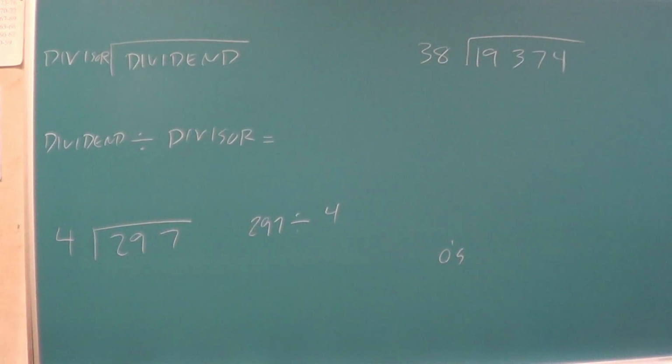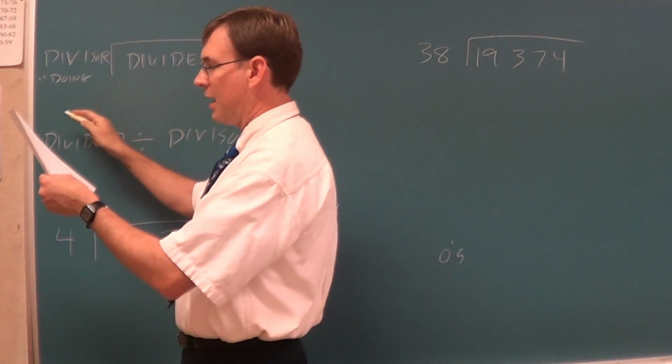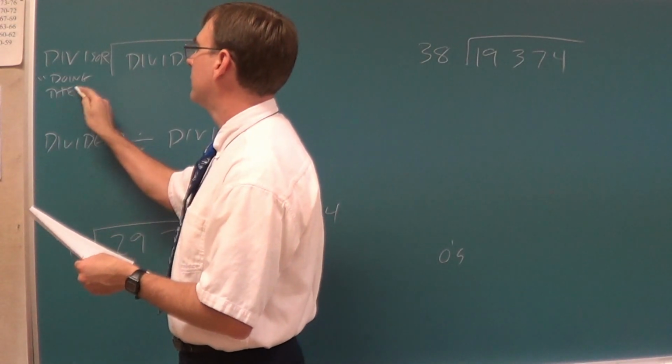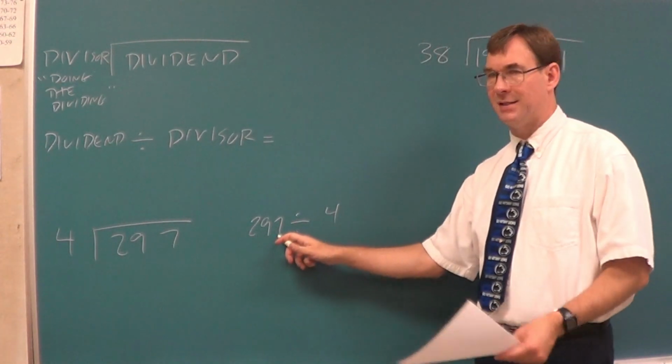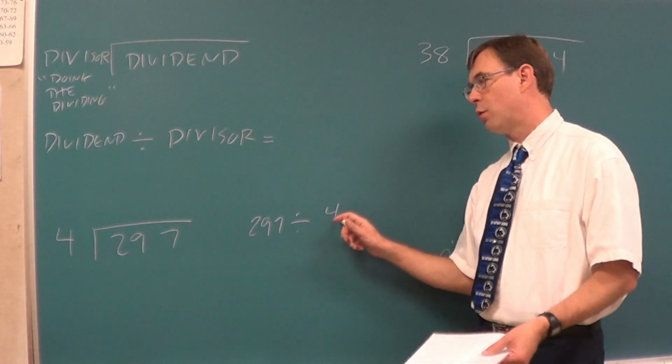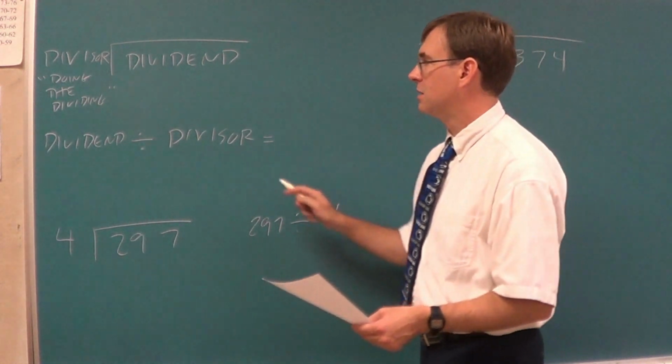And then let me look up how exactly I phrased the question for you on the quiz. When I refer to the divisor, I'm going to refer to that as the one doing the dividing. Like, I have 297 pencils, I'm going to divide it by 4 people in piles. The number doing the dividing, I'm going to refer to that as the divisor.